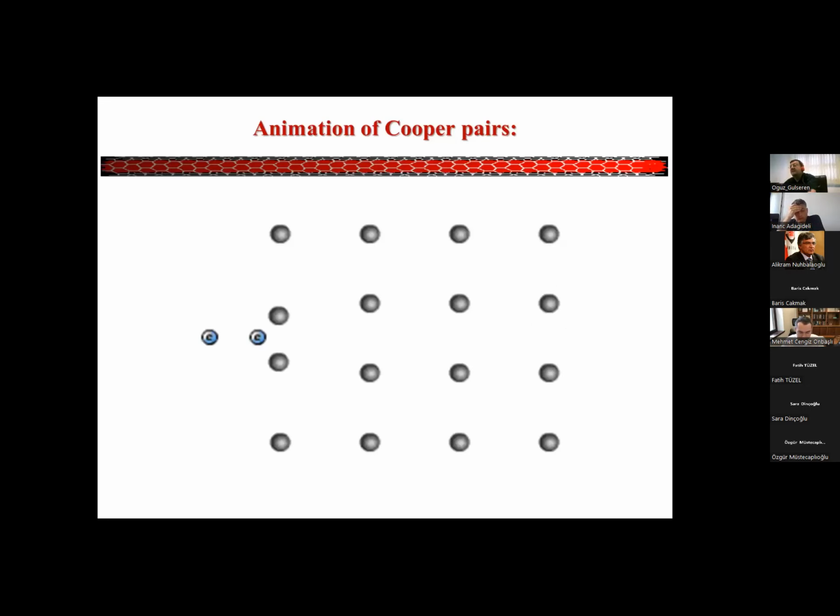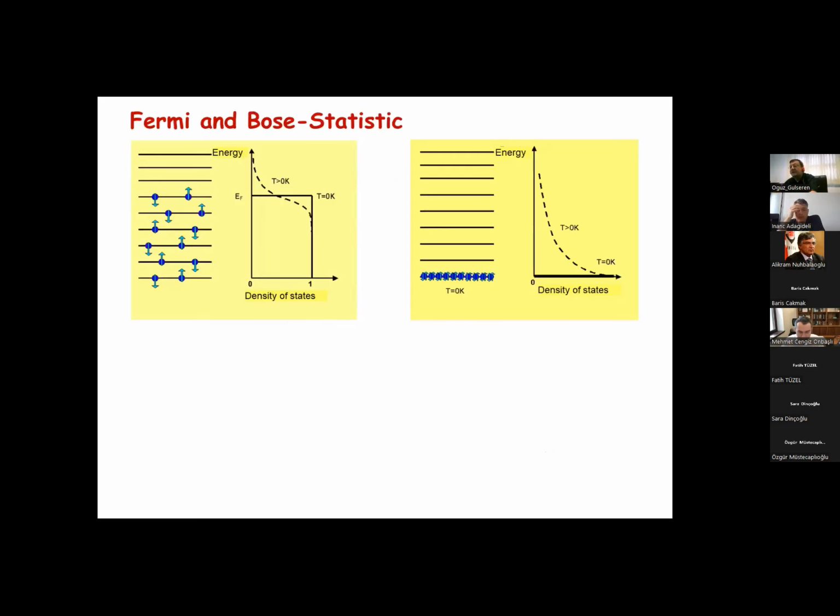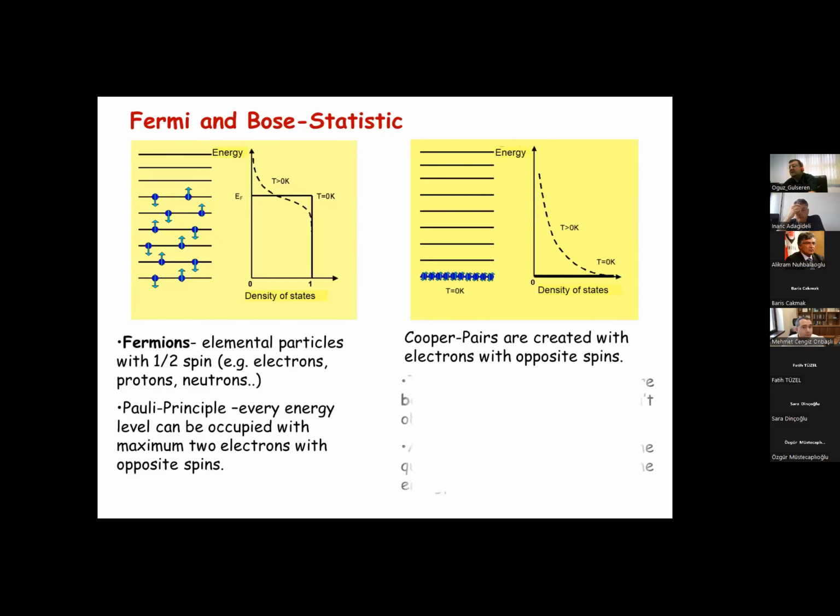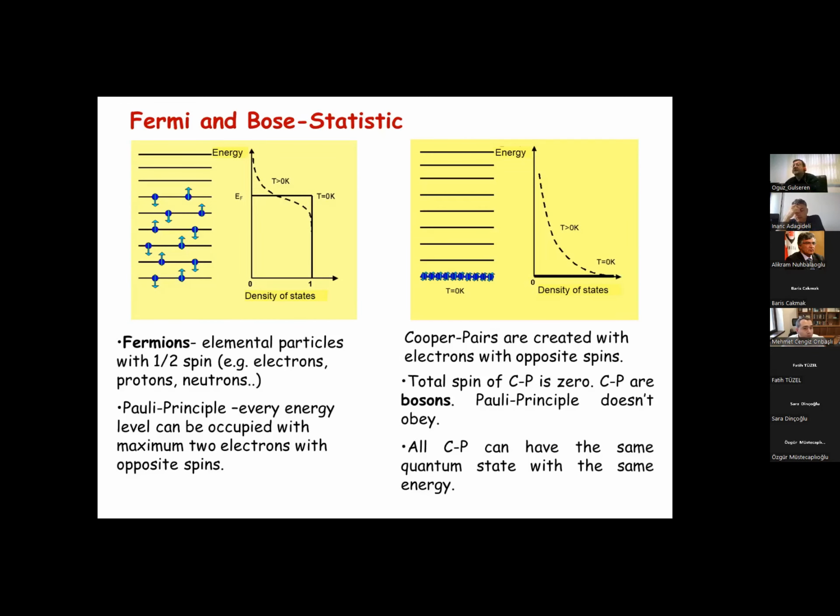But this makes the physics quite different because the statistics is completely different. The electron by itself is a spin 1/2 particle, and that obeys the Fermi statistics, and it obeys the Pauli exclusion principle.